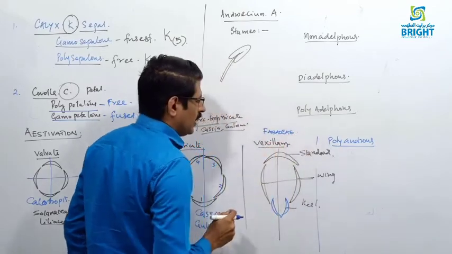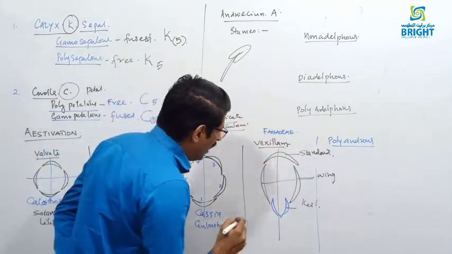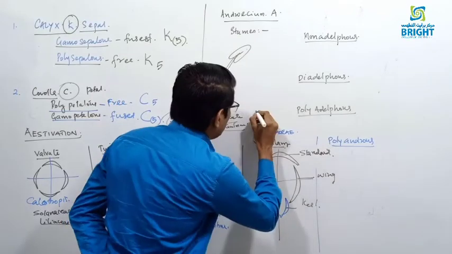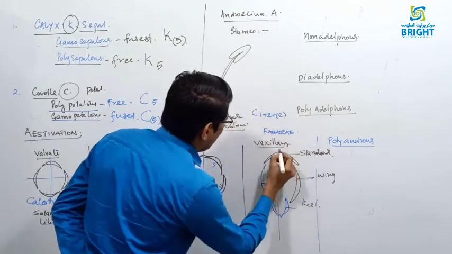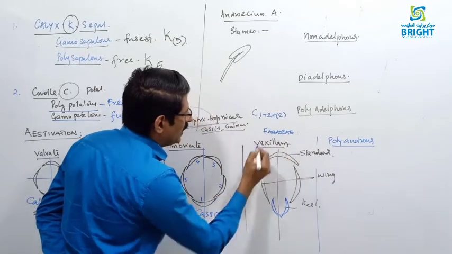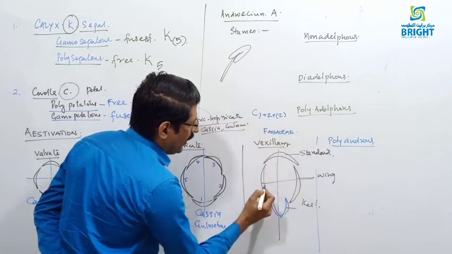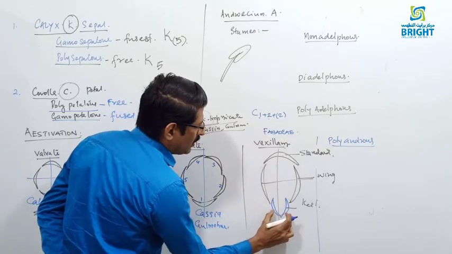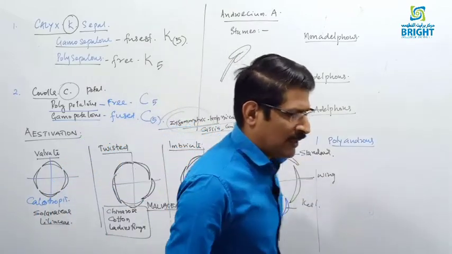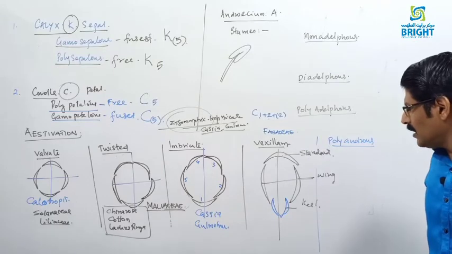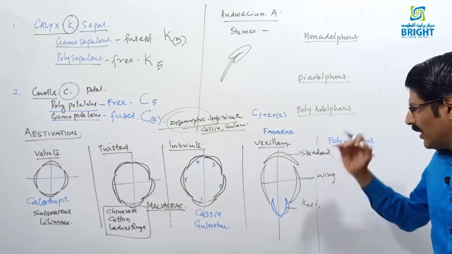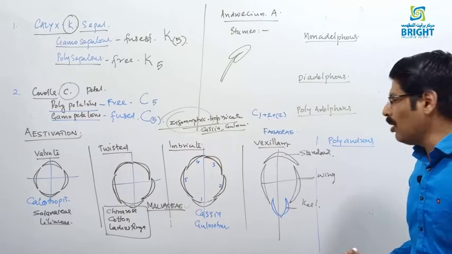When we study the Fabaceae floral formula, it is represented by C1 plus 2 plus (2). That is, the 1 is the standard petal, the 2 is the two wing petals, and the (2) inside the bracket is the two fused keel petals. So it is the characteristic of the Fabaceae family, with vexillary estivation and also zygomorphic in nature.